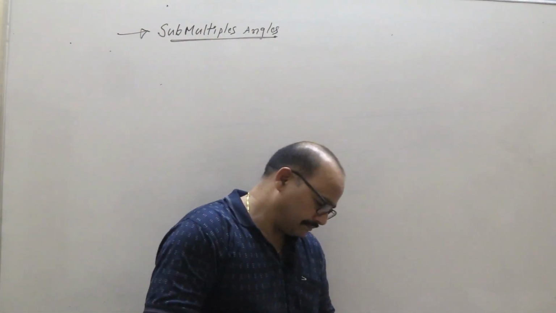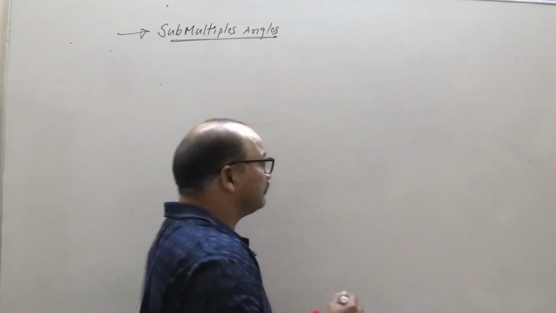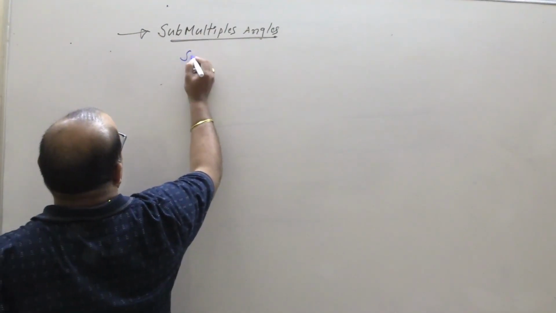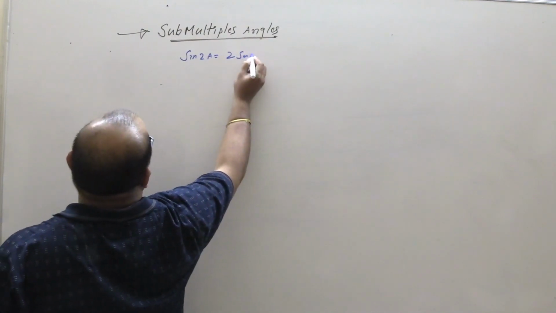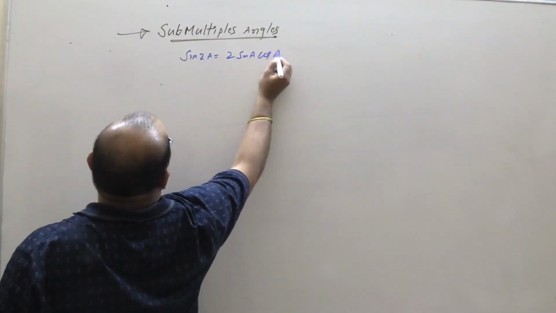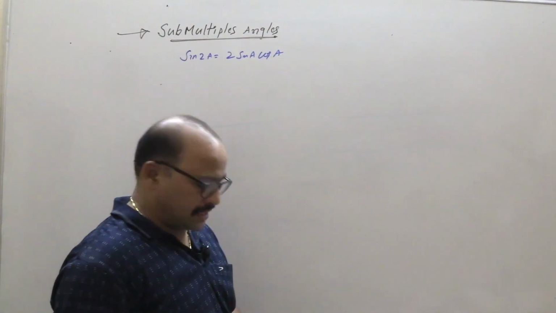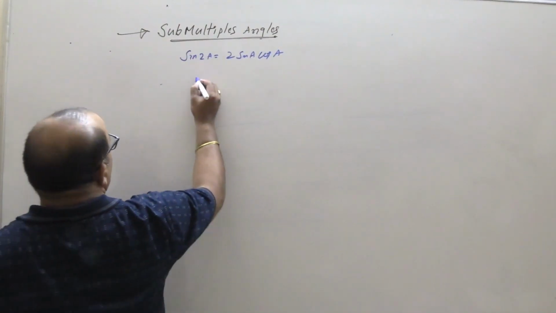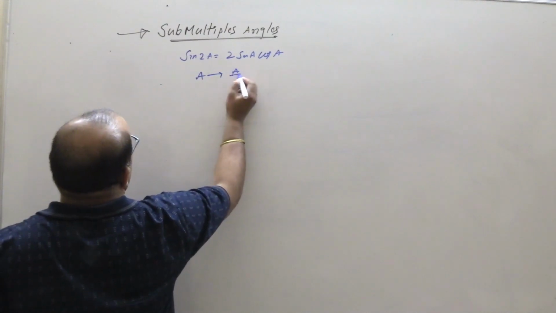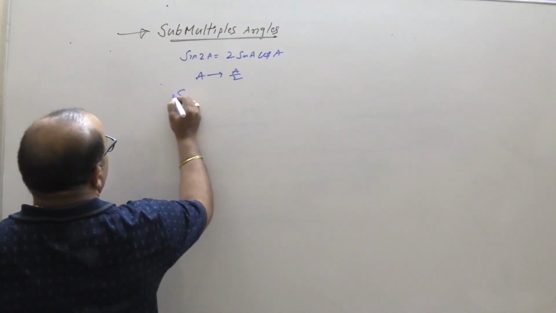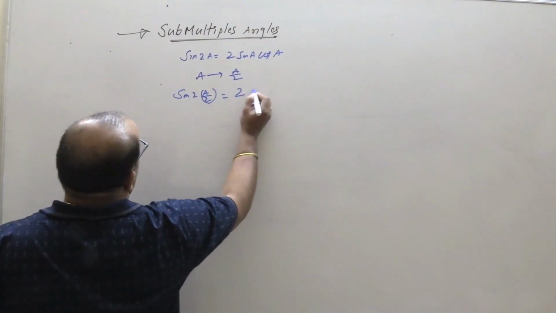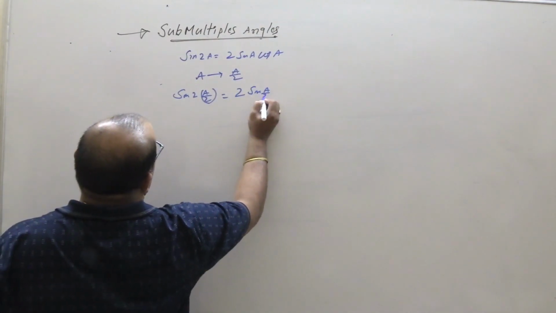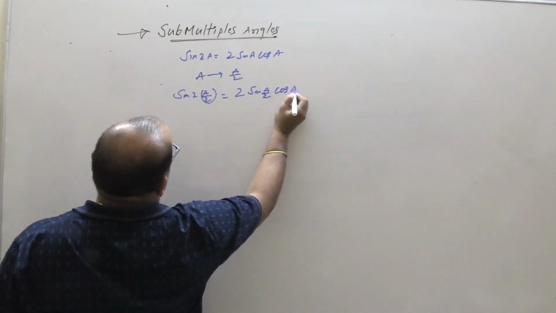First one, you know that, students, the sin 2A formula: 2 sin A cos A. Submultiples means by 2, so replace A by A by 2, students. Simple. Sin 2 times A by 2 is 2 sin A by 2 cos A by 2.